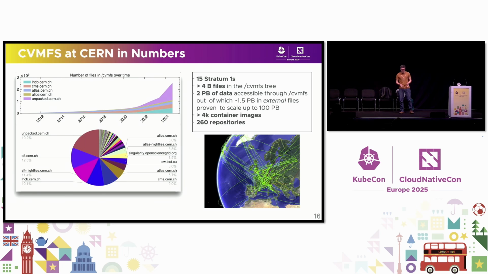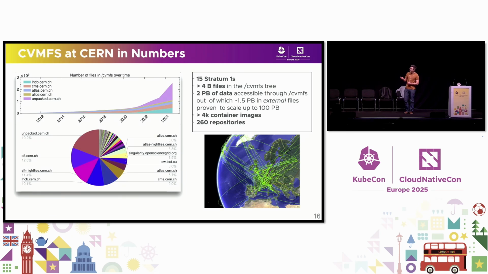To give you a few numbers, CVMFS is quite a mature project by now. It's more than 15 years old. We have around 4 billion files in the /cvmfs tree. These come from a variety of scientific experiments: the big LHC experiments, but also experiments from astronomy like LSST, the Euclid experiment from the European Space Agency, and a long tail of smaller experiments that use CVMFS to deploy their software to distributed computing resources all around the world.